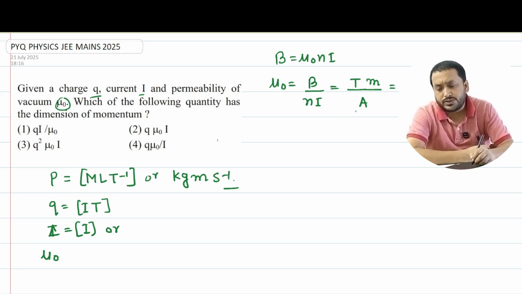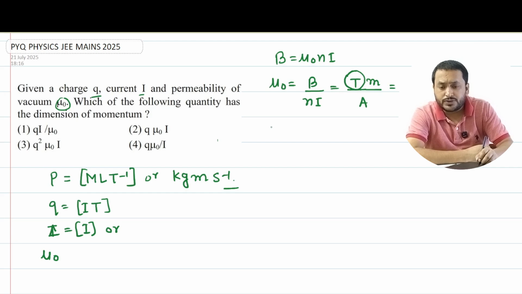Now we'll try to decode Tesla also, right? Tesla is the unit of magnetic field intensity. Again we will find some more formulas so that everything comes in terms of kg meter per second. Okay, so that's why we are doing all this.